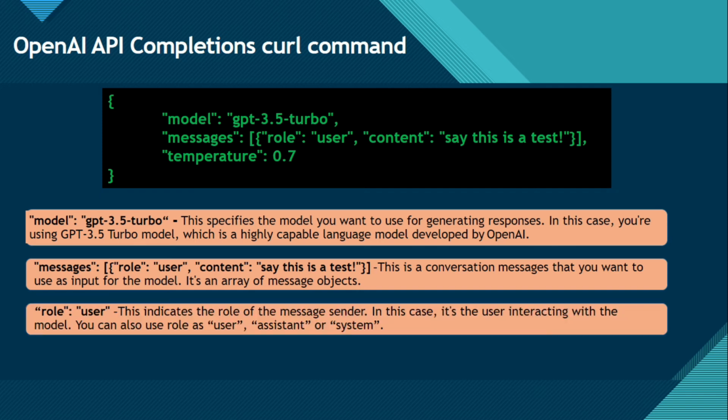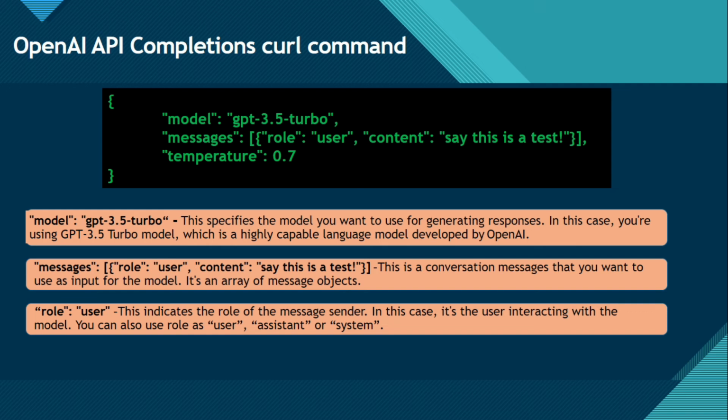Now we have role, user. This indicates the role of the message sender. In this case, it's the user interacting with the model. So here the role is user, meaning we are saying that it is the user interacting with this GPT model.